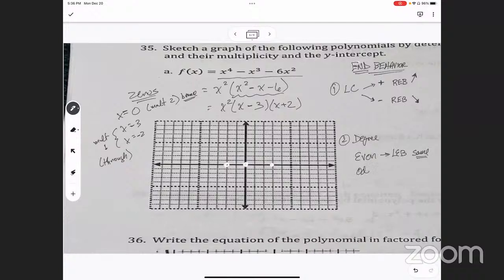If the degree is odd, then your left end behavior is opposite of your right end behavior.